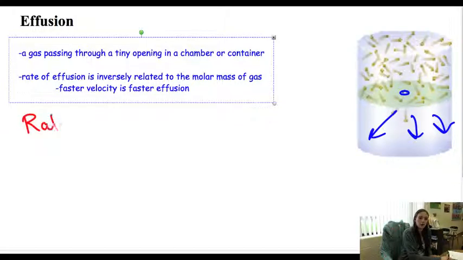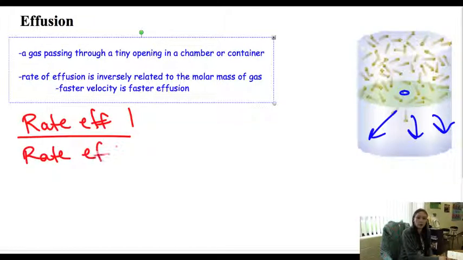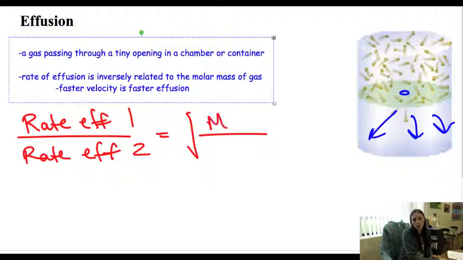We have the rate of effusion or diffusion, either one, for gas 1 compared to the rate of effusion or diffusion for gas 2 is equal to the square root of the molar mass of 2 over the molar mass of 1. And again, we did this last year. It's inversely related, and it's also square root related.